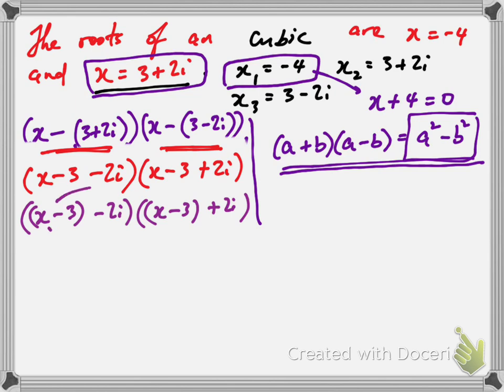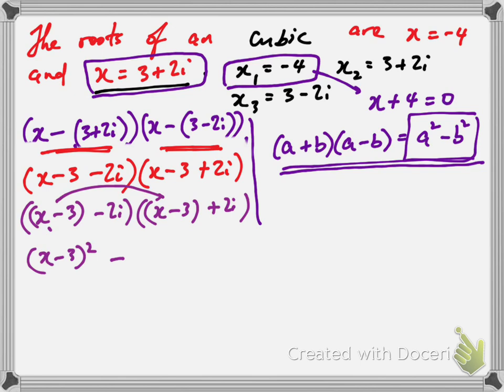So x minus 3 times x minus 3 is x minus 3 squared, which is a perfect square. Then x minus 3 times plus 2i plus minus 2i times x minus 3, the middle terms drop, and you end up with minus 2i squared. 2i squared is equal to 4 times negative 1, which is negative 4.